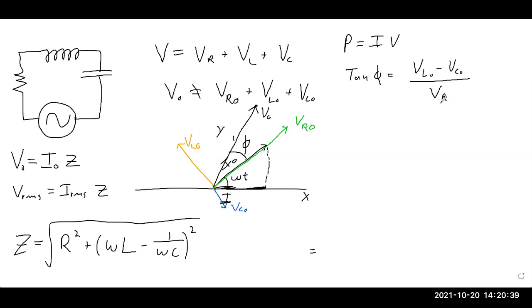And just like we did for getting to Z, all of these terms can be divided by the current. We can express our voltage in terms of our current now.